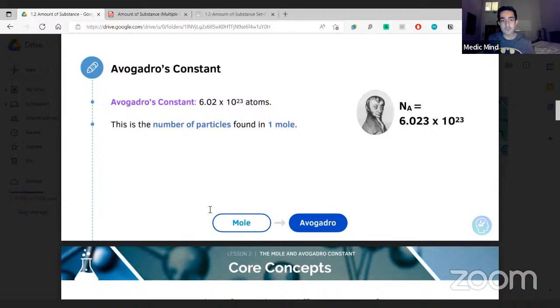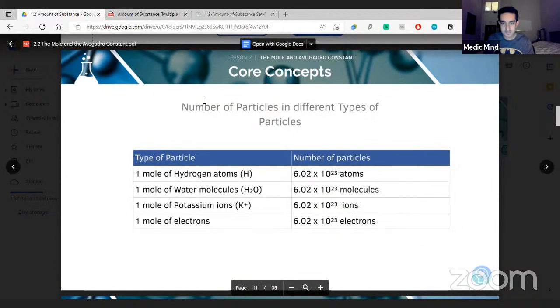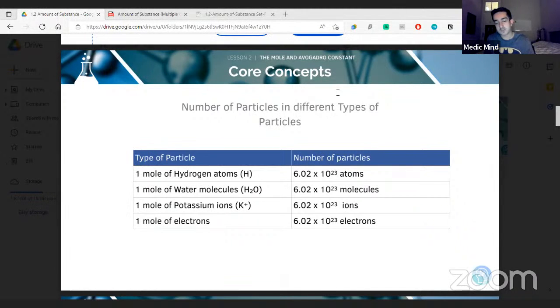So if you look at 1 mole of hydrogen atoms, that's 6.02 times 10 to the 23. 1 mole of water molecules, that's 6.02 times 10 to the 23. 1 mole of potassium ions should be 6.02 times 10 to the 23 ions.